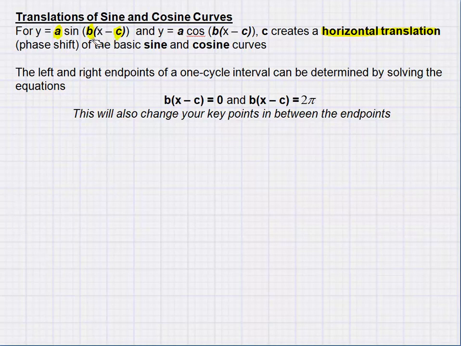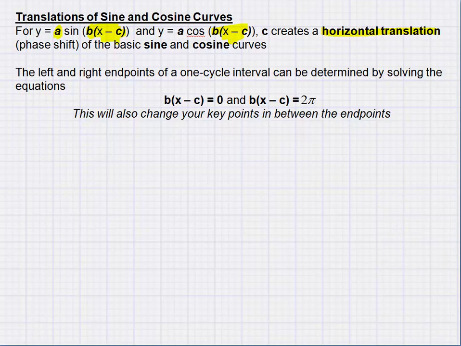And another key to this is that b is factored out. This b value being factored out is going to be pretty important, because the way you look at this can change what you think of as c. So it's got to be in this form where it's b times x minus c. Okay? And same thing goes for cosine.